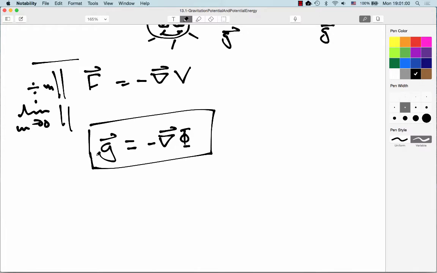Now, normally we don't really bother building up all this machinery in the introductory level because frankly most of the time it isn't really that helpful. It's a lot more helpful with the electric force because you have both positive and negative charges. But since the charge strength is always positive in the case of gravity, it's not as helpful.